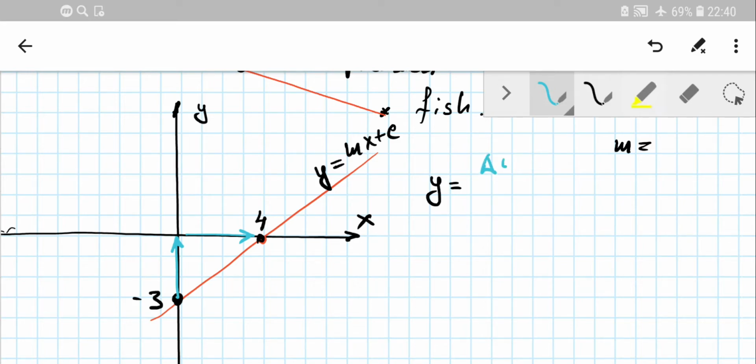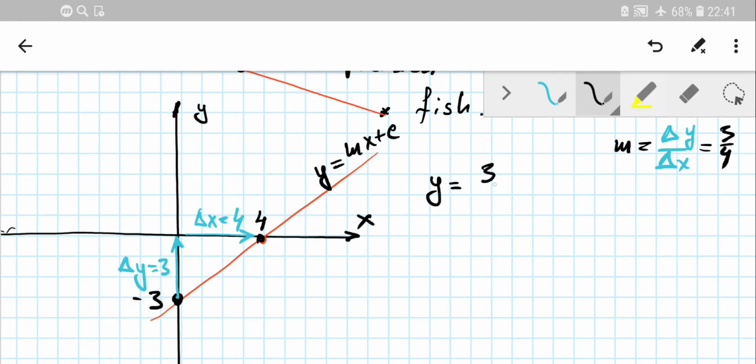So that's the change in y over the change in x: 3 units for y, and 4 units for x. So we divide 3 by 4. That's our gradient. So we've got 3 over 4 x.